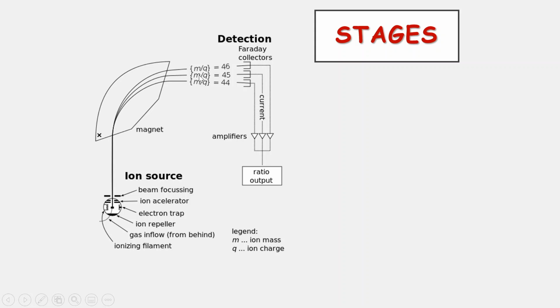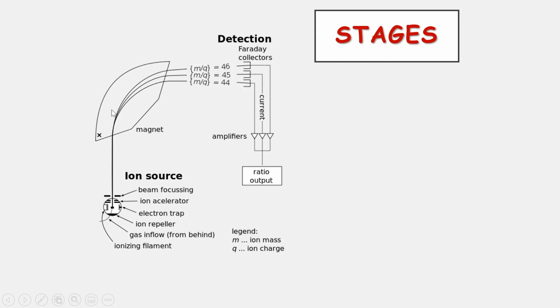Now you've got this M divided by Q, that's just the mass to charge ratio. So the mass is 46 with a charge of +1, right? And so you've got 46, 45, and 44. Then it passes through, gets amplified, and then it gives you an output. From that output, you can figure out what the different particles are that make up this substance.